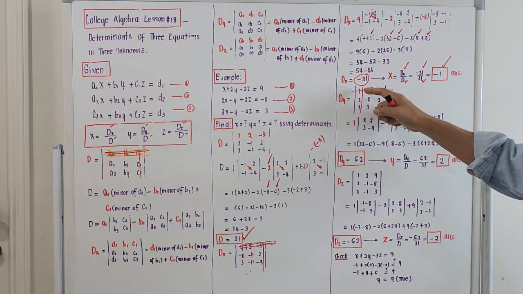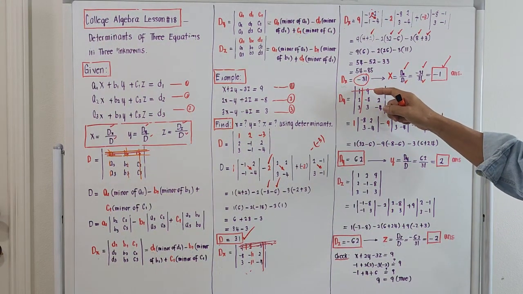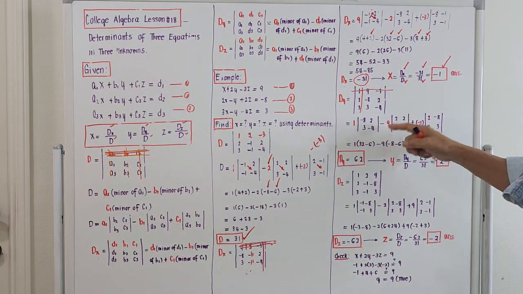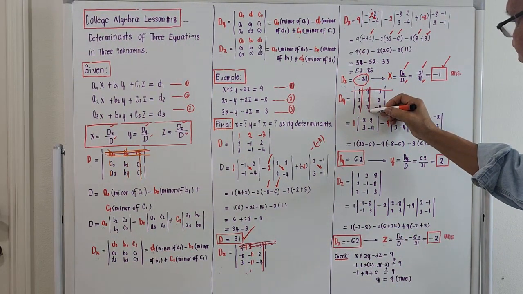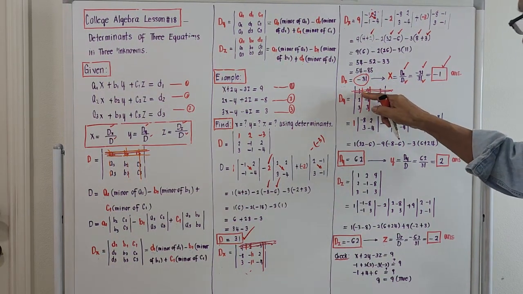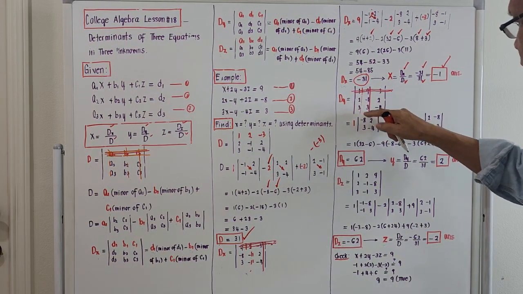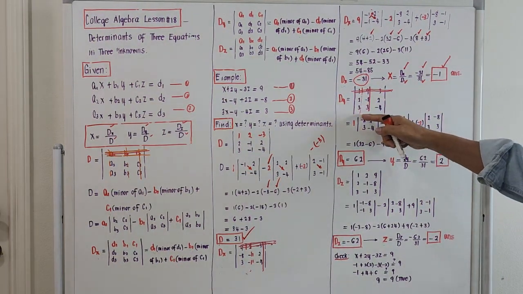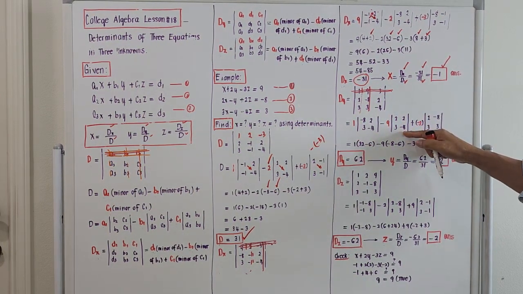And that's the minor of 1. Minus, the next one is minus 9, right? For the minor of minus 9, just cross out this column, then just cross out this row. What is not crossed out is 2 and 3, and 2 and minus 4.